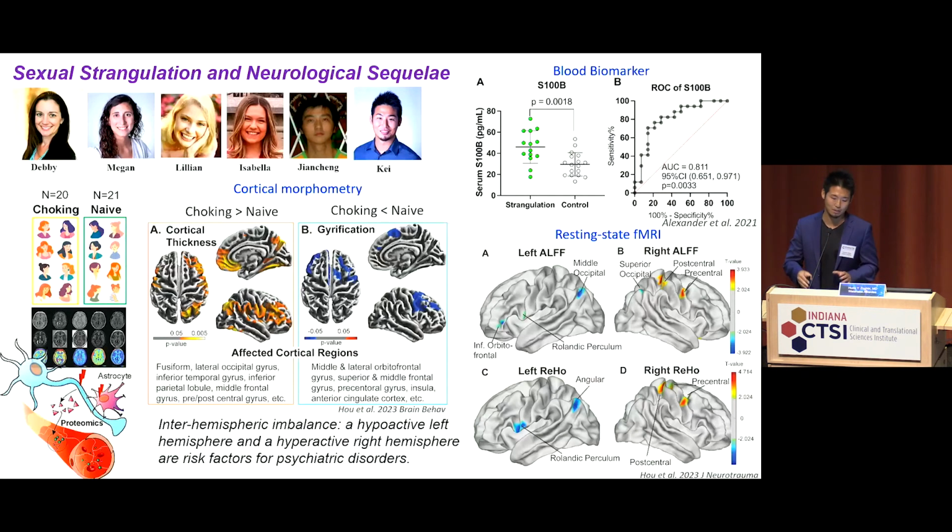This interhemispheric imbalance of neuroactivation is related to mental disorder. But our psychometrics did not show group differences in PHQ-9, GAD-7, and all the other measures. So they may be susceptible to the emergence of mental health problems.